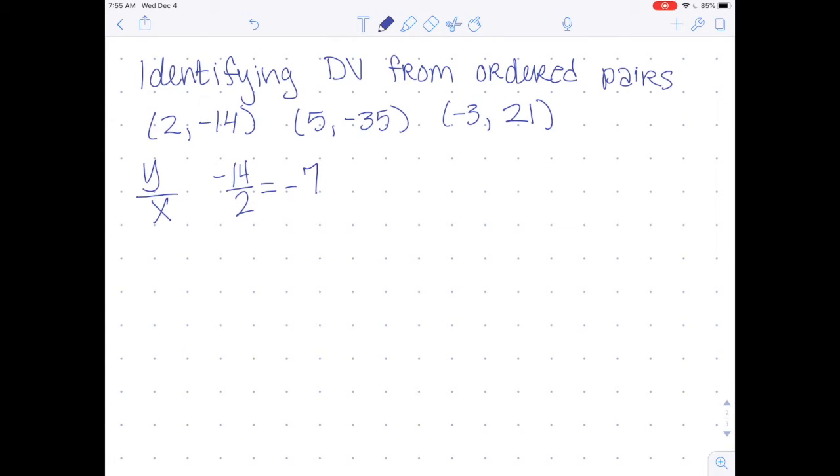Now, we're hoping that the other two ratios are also negative 7. So we've got negative 35 divided by 5. That's also negative 7. Then we've got 21 divided by negative 3, which is also negative 7. So yes, these ordered pairs are a direct variation.